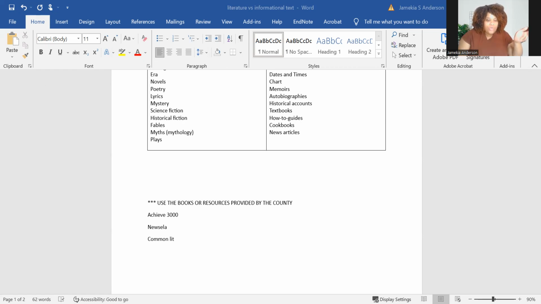And then if you want to use certain things as an alternative, I know CommonLit was really good with some of the students. They really enjoyed it. Newsela was really good. Achieve3000 again had some good articles. You can always go to Scholastic as well.